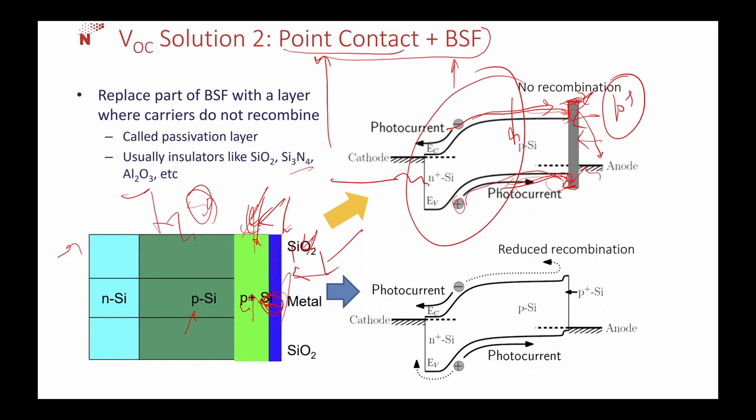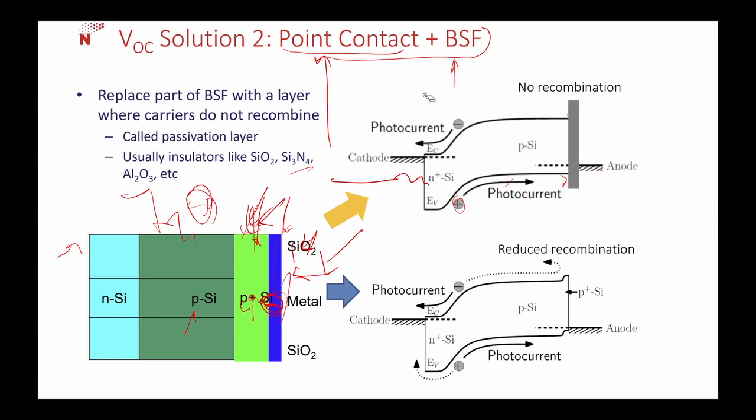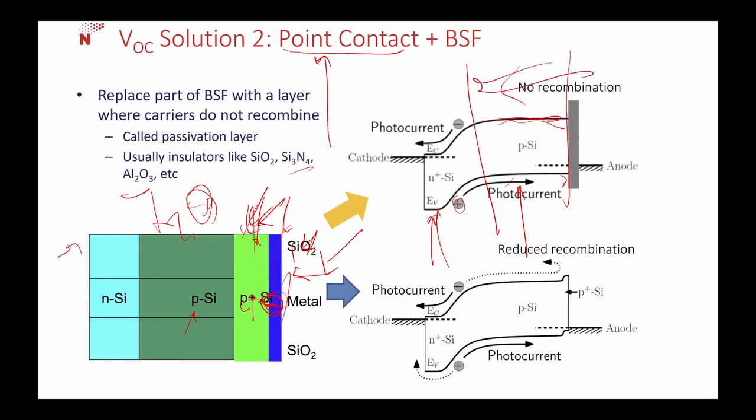Electrons and holes have to travel through these areas which have no field. The field is zero in this region, because the conduction band and valence band are flat. So the electron has to flow through this much region.